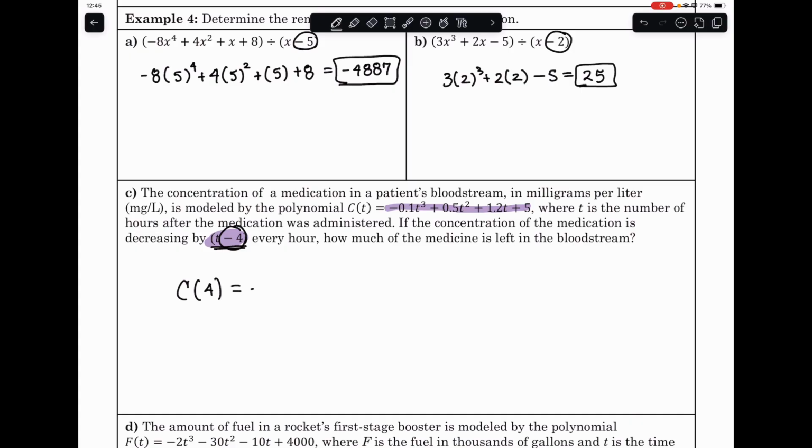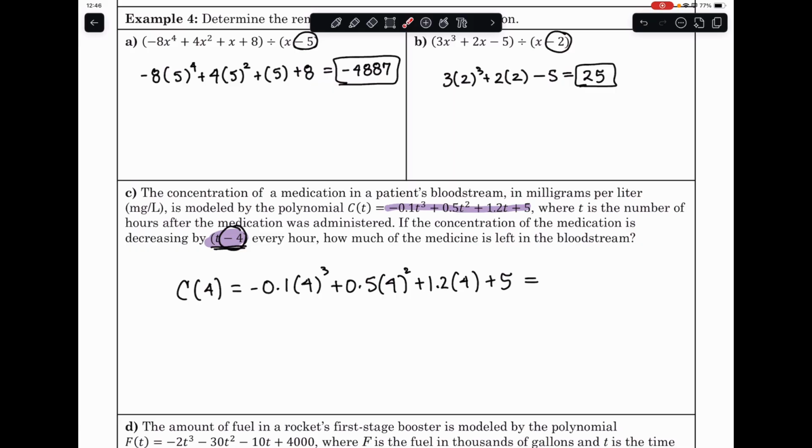By substituting in positive 4 into this function, I can evaluate and determine how much is going to be left if the medication is decreasing at a constant rate, taking that amount throughout the entire time.